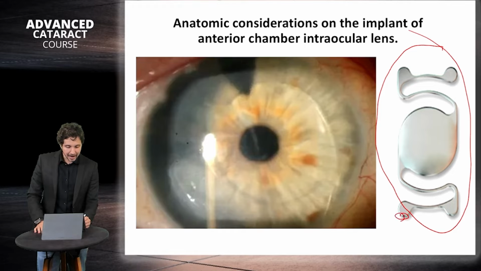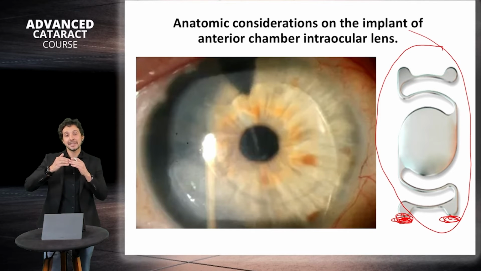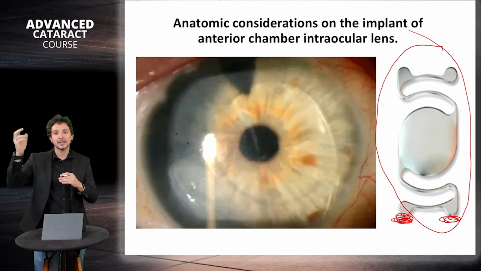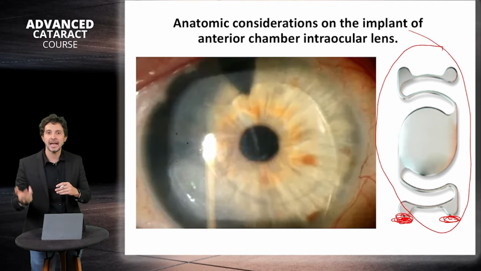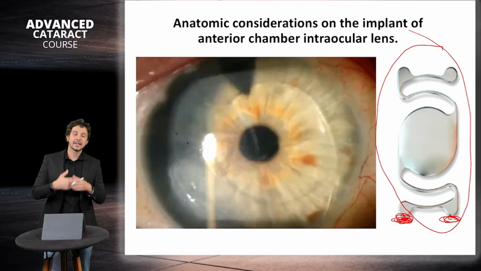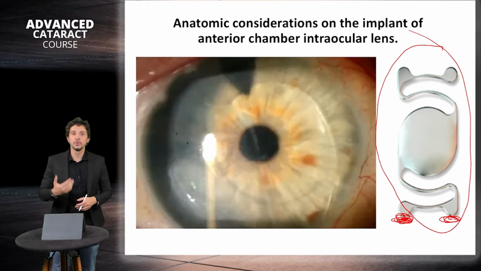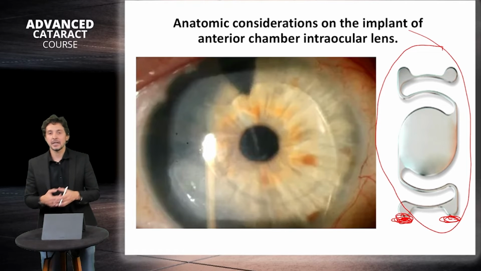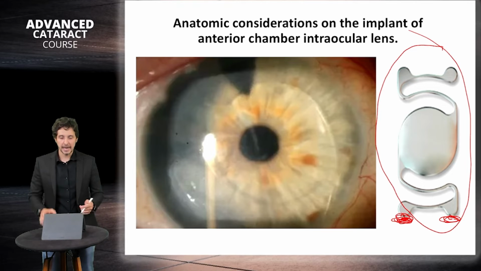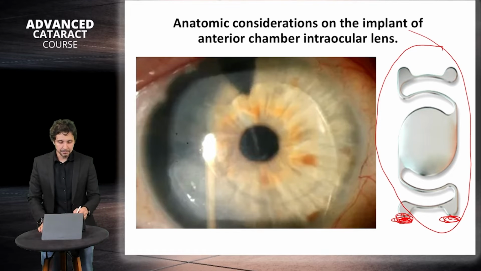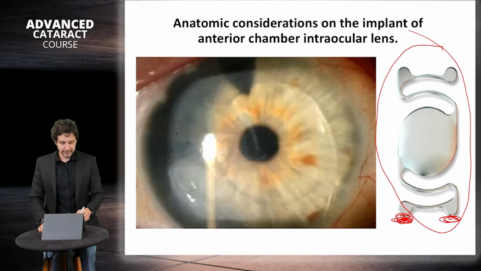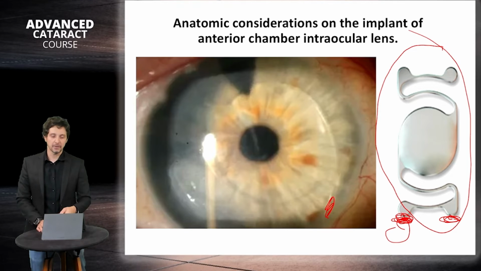So this open loop can touch the base of the cornea, the endothelium, and so it can produce endothelial damage. So it's important to observe if this kind of IOL can touch the endothelium of the cornea.